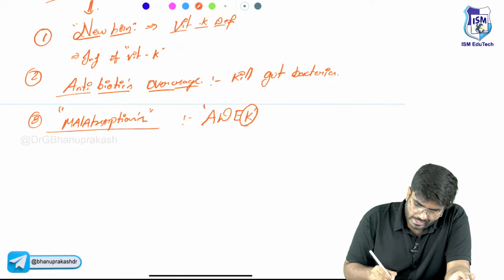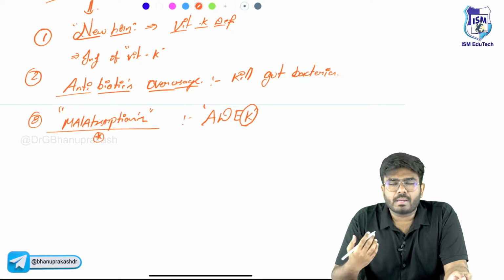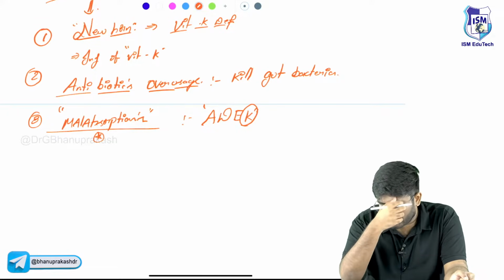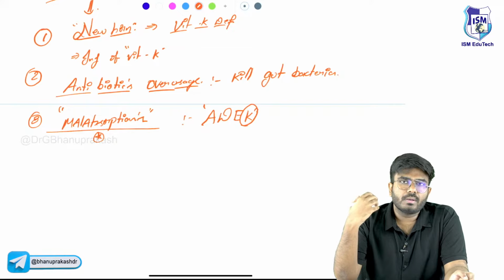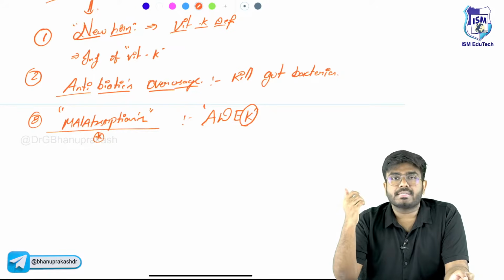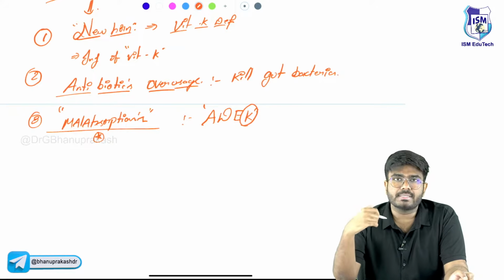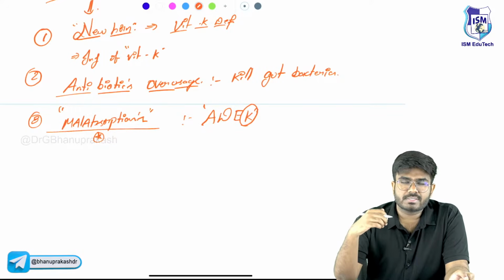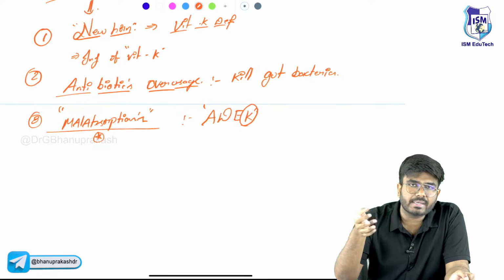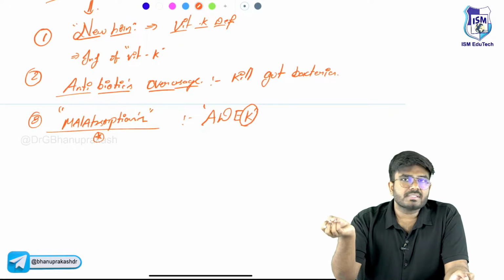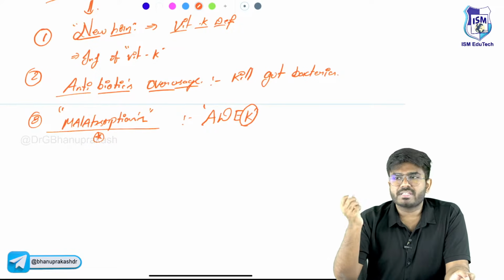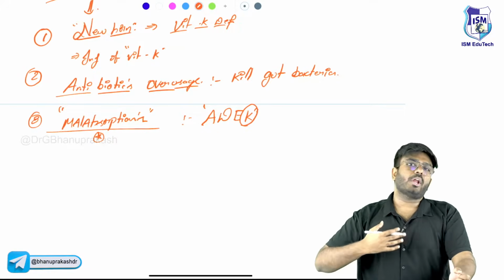Now, for example, you are having malabsorption because of pancreatitis or because of celiac disease, Crohn's disease. All these are malabsorption conditions. In pancreatitis, the pancreas is not producing the enzymes. It's not releasing the pancreatic enzymes. See, for example, I'm an alcoholic man.